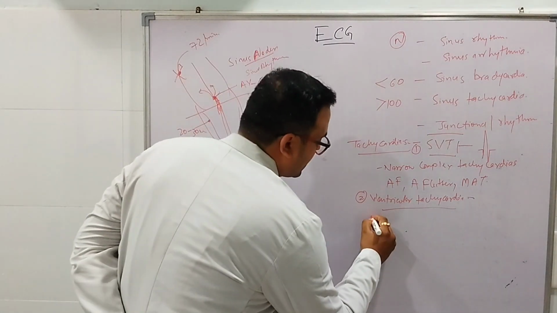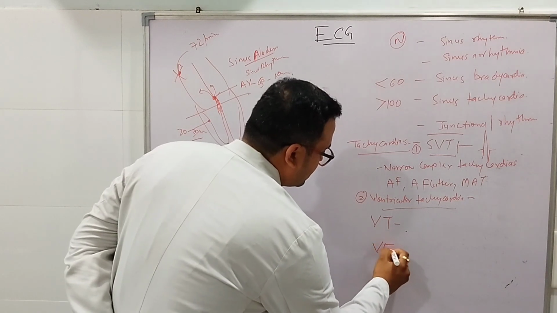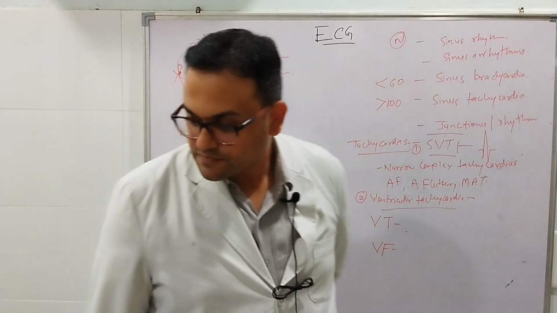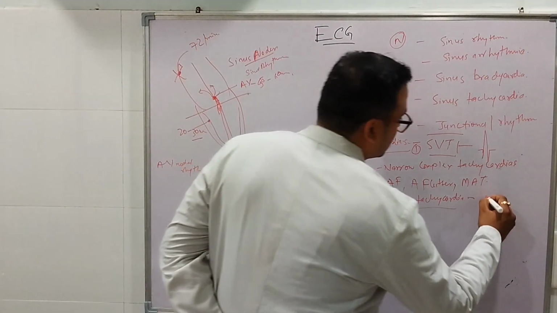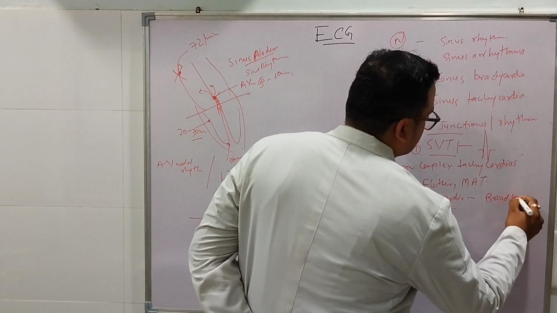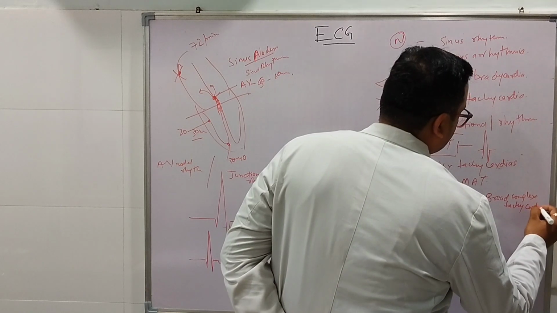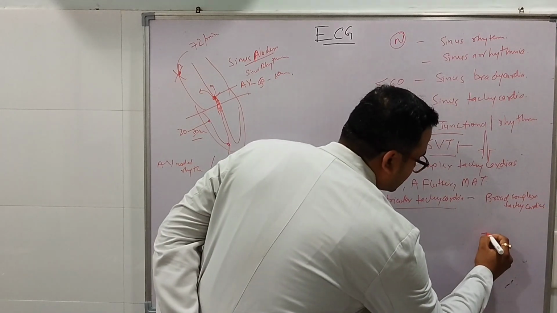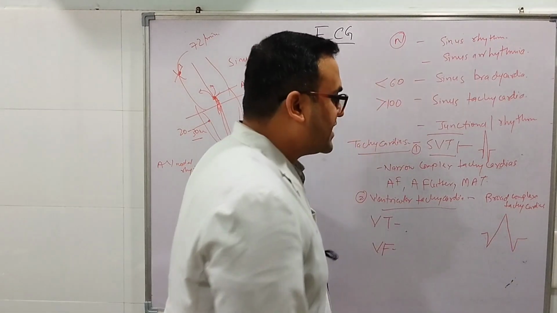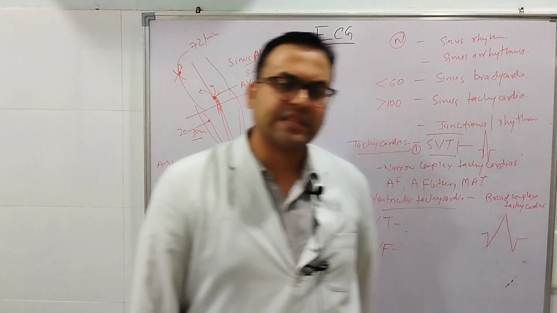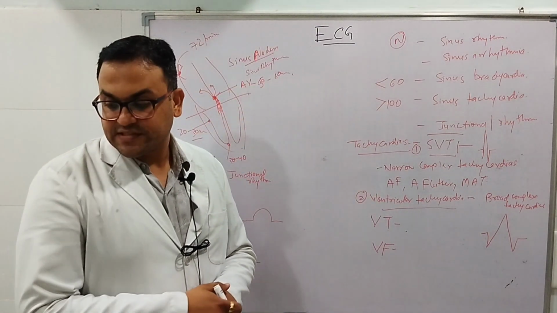For example, ventricular tachycardia, ventricular fibrillation. So these are also called broad complex tachycardias, because the QRS we get here is more than 3 small boxes, and that is why we call them broad complex tachycardias.